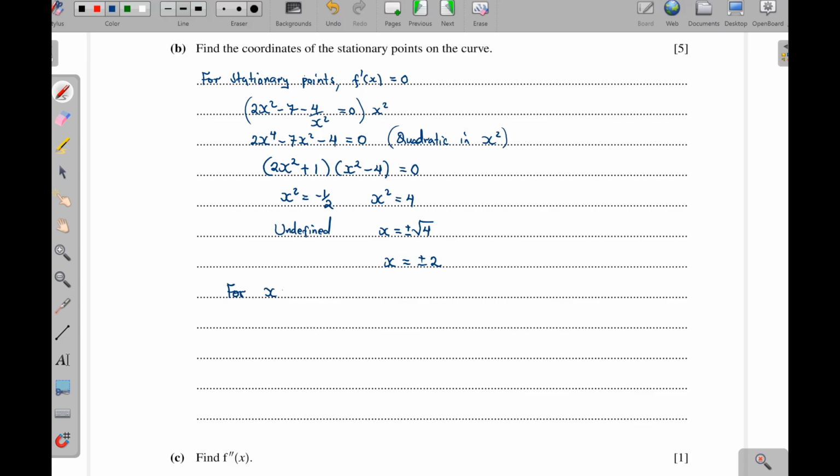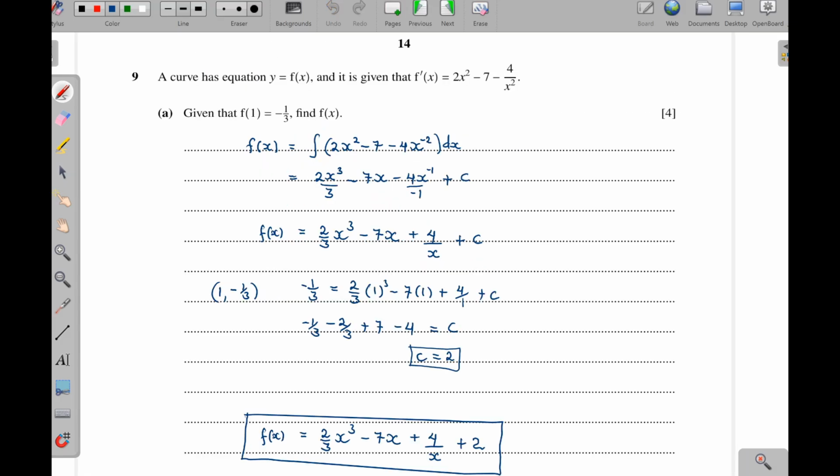Now, for each of these x coordinates, you need to get the y coordinates. So for x, which is equal to -2, what will be y, or the value of f of x? Okay, so we go back here, and now we use this one. So that means if you integrated and you got a wrong thing here, there's no way you can get the y coordinates. You see here?